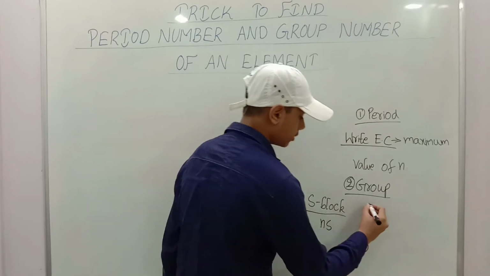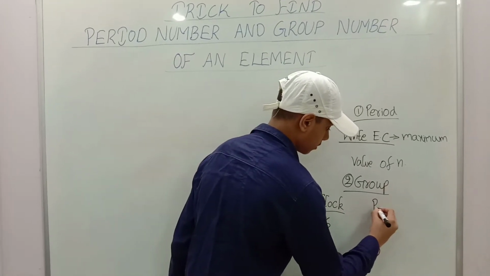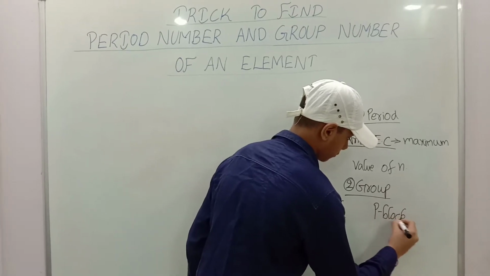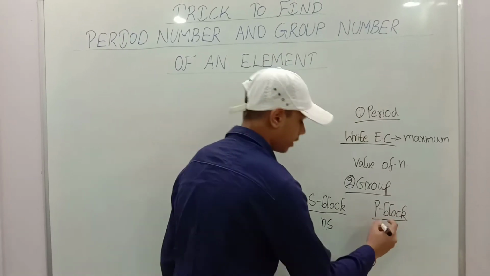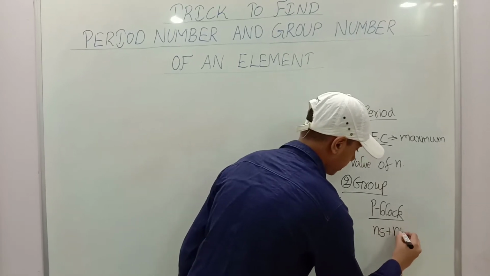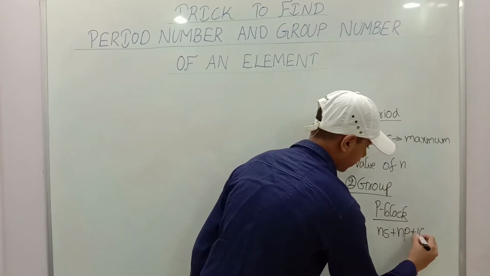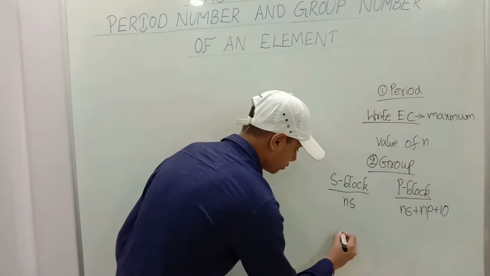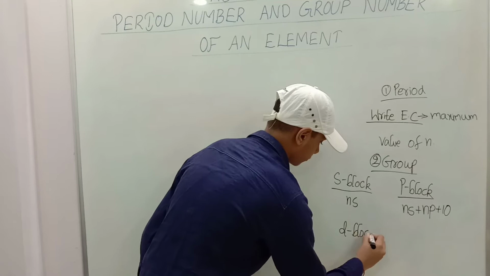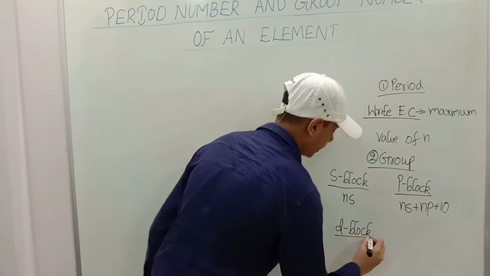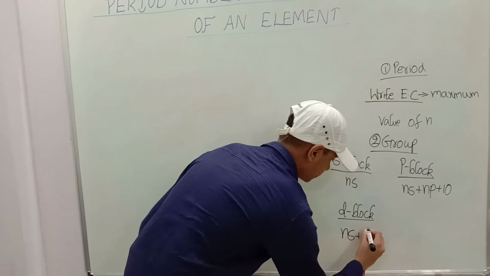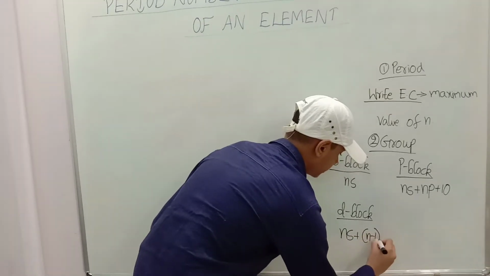If the element belongs to P block, then you should write the total number of electrons in ns plus np plus 10. If the element belongs to D block, you should write the total number of electrons in ns plus (n minus 1)d.